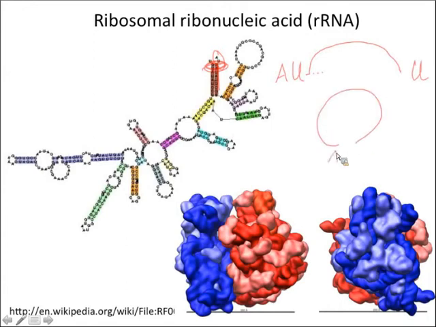So we've got our A, U, our U. Often there is binding for the next things in between, and so we'd have lots of things representing this binding right here. And then as we go along in the sequence, these parts are not base paired, but these ones here, they are base paired.